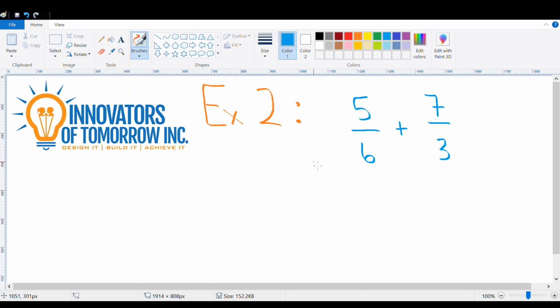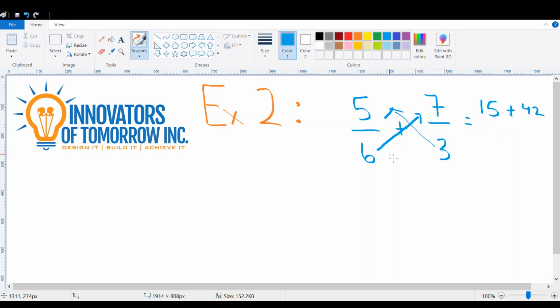Let's try another example, but this time I'll show you a way to get the answer even quicker. First, we multiply the bottom right with the top left, which equals 15, and put that as numerator 1. Then we multiply the bottom left with the top right, which equals 42, and put that as numerator 2.